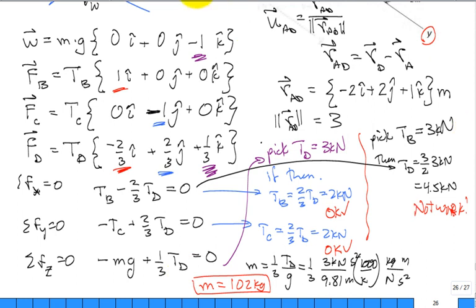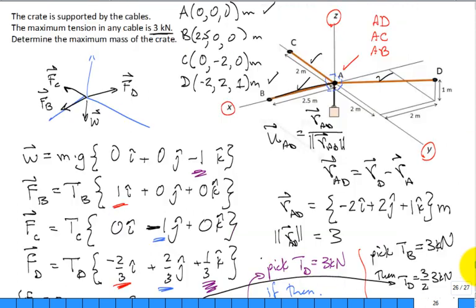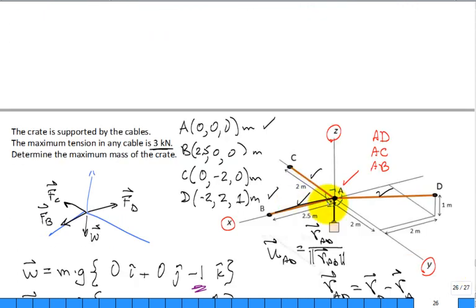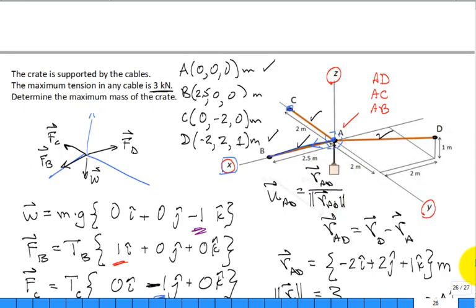Are you asking about B? Yeah, their unit vector from A to B is purely in the X, and so it's just 0, 1, 0, 0. And then from A to C is purely in the negative Y. Well, they're all unit vectors.